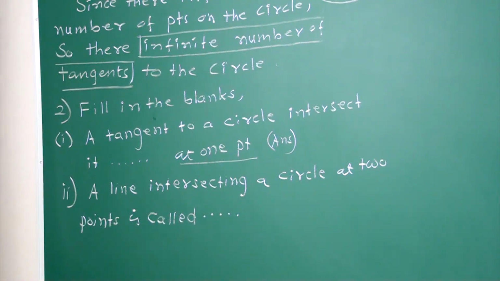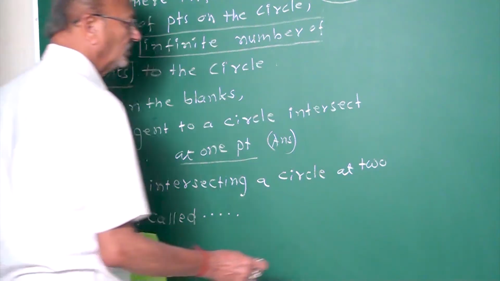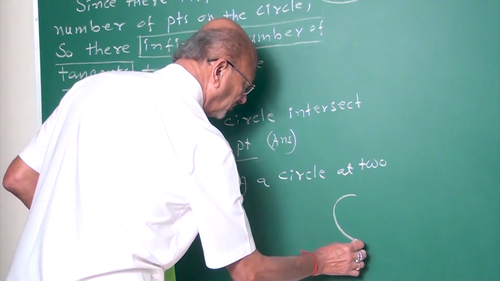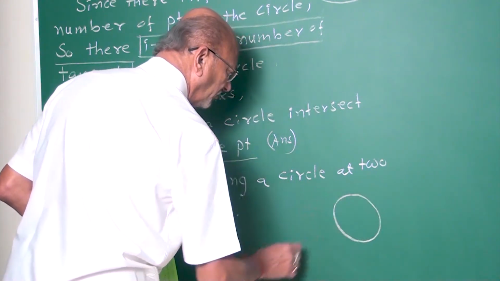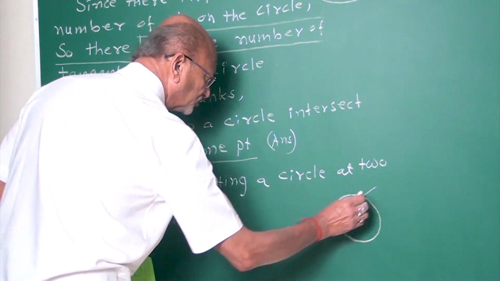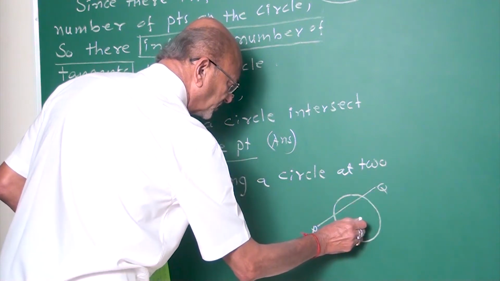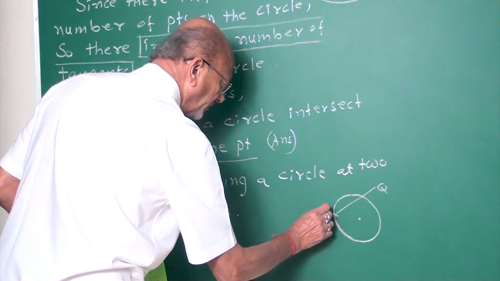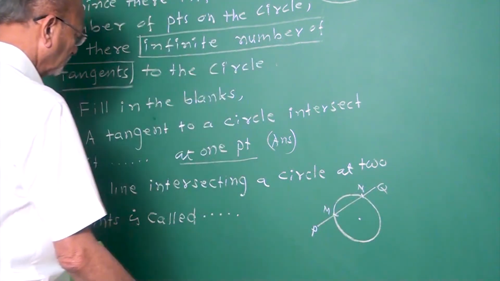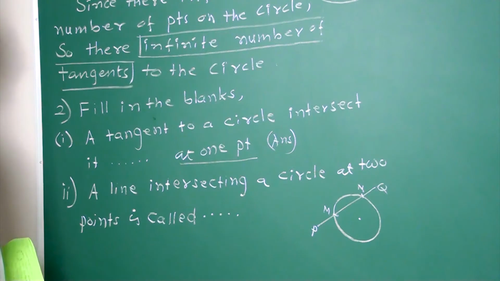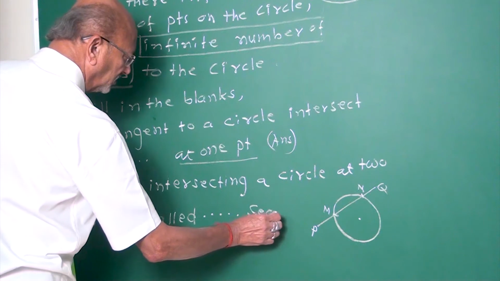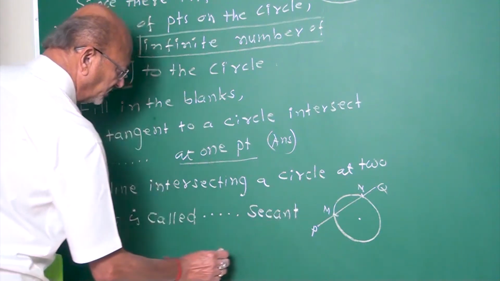My friends, this is the circle. This is your line which intersects at 2 points. PQ, center. This is what? MN or AB, whatever it is. Then what is that? PQ is known as a secant of the circle. It is called a secant.